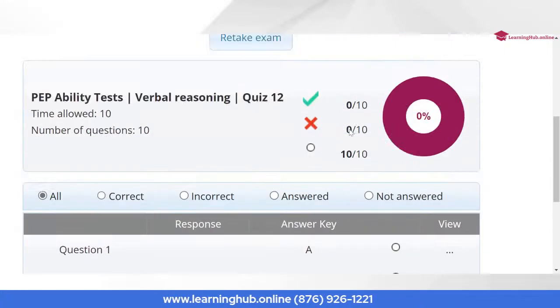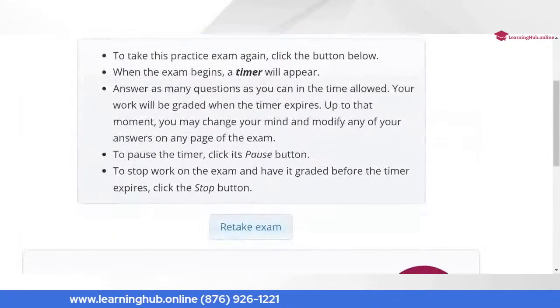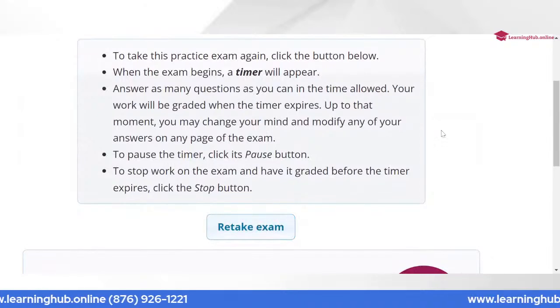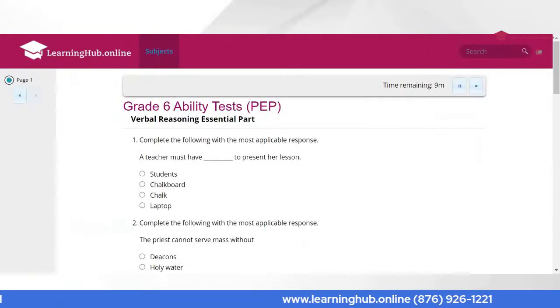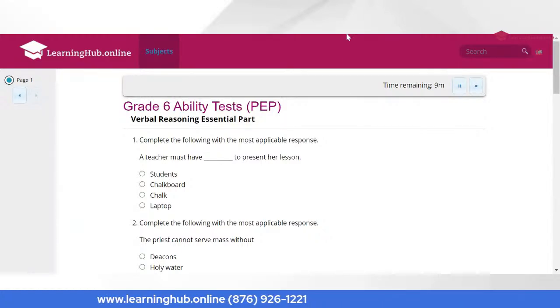Essential part. Now, I already took this test. I'm just going to retake it. All right, so we're doing an essential part.